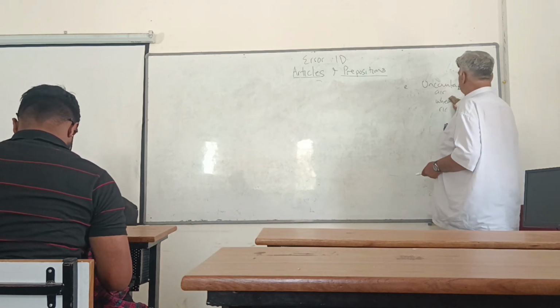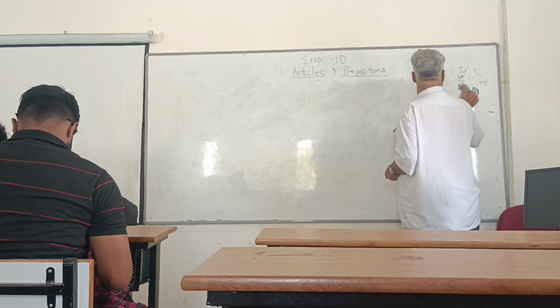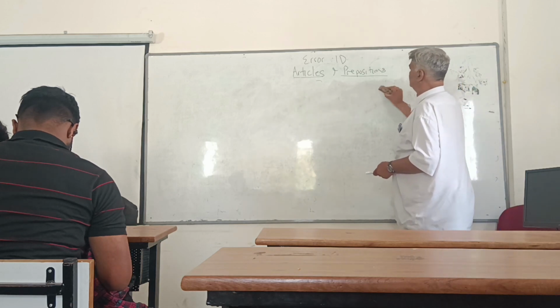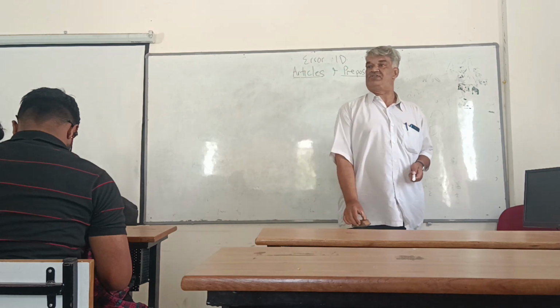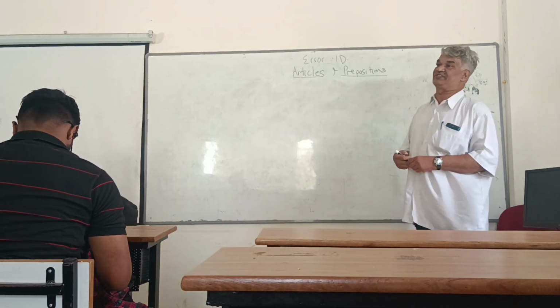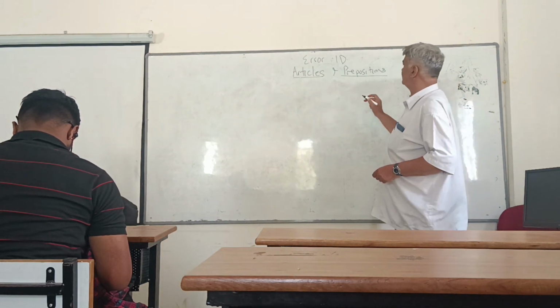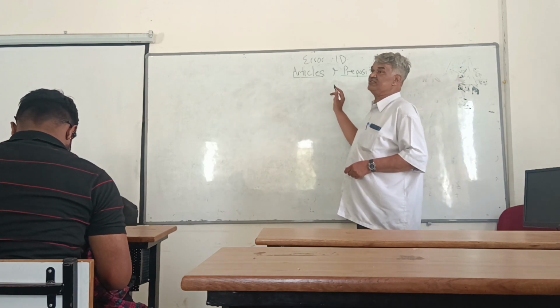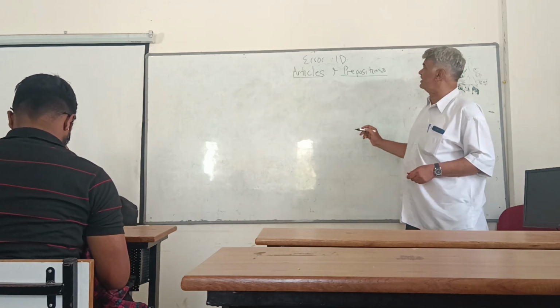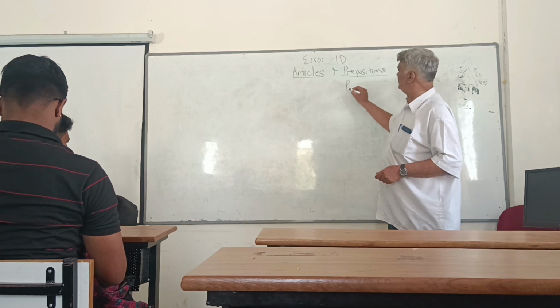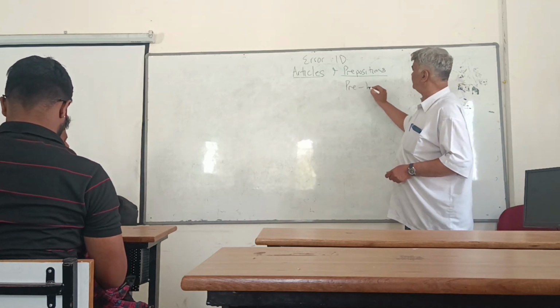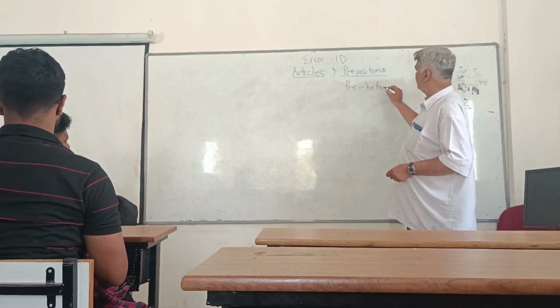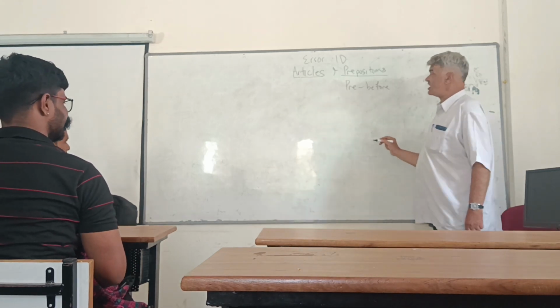Okay? So now these are most of the rules about articles. Now we'll look at prepositions, right? The word preposition is made up of two parts. One is "pre." Pre means before.